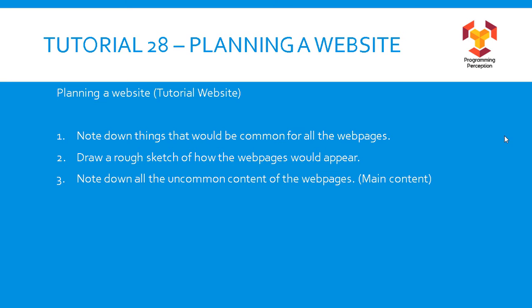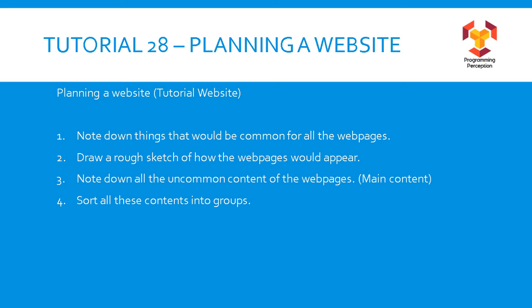So the first step is to note down all those common contents that will be the same across the web pages. Then we will draw a rough sketch of how the web pages would appear. You can say the layout of a certain web page or the layout of all the web pages. And finally, we will note down all the uncommon contents which are different among pages, or you can say the main content of any page.